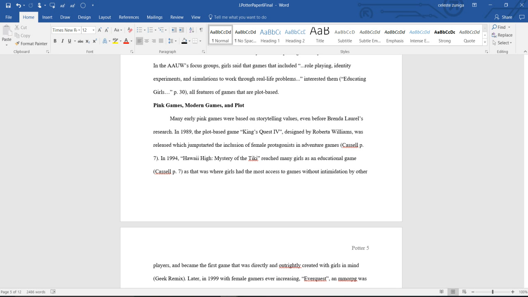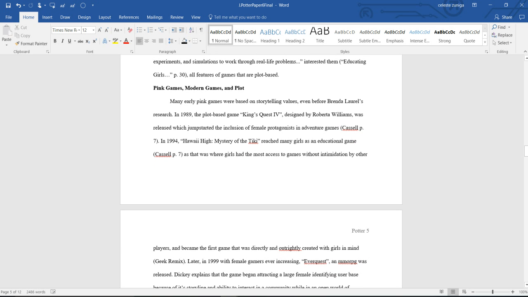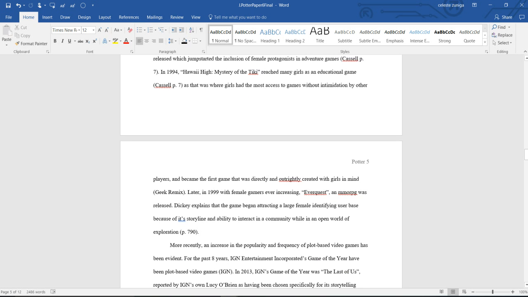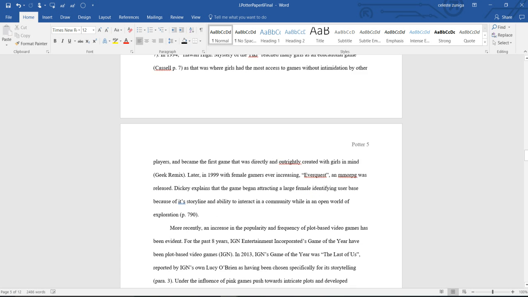In 1994, Hawaii High, Mystery of Tiki, reached many girls as an educational game, as that was where girls had the most access to games without intimidation by other players, and became the first game that was directly and outrightly created with girls in mind. Later in 1999, with female gamers ever increasing, EverQuest, and I don't know what that is, was released. Dickey explains that the game began attracting a large female identifying user base because of its storyline and ability to interact in the community while in an open world exploration.